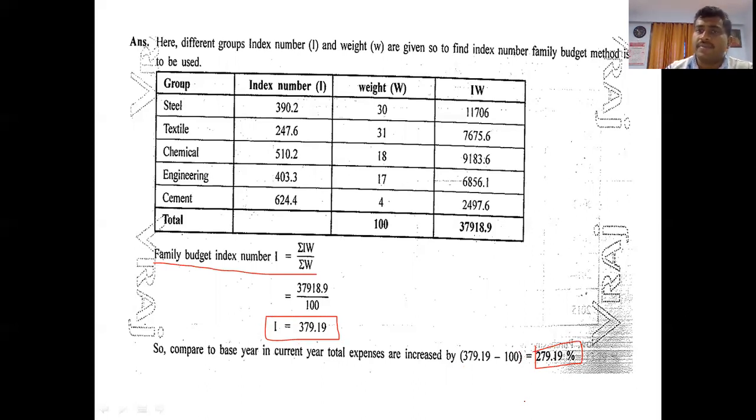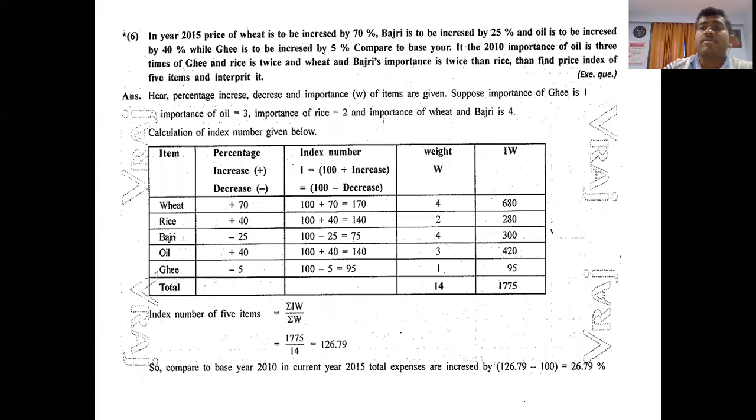It's very easy, right? Now this question is a little bit important for us. Now what is the question here? In the year 2015, price of the wheat is increased by 70%. You know this topic, increase. If increase comes, already we have discussed, we have to add with 100. If times comes, we have to multiply with 100.